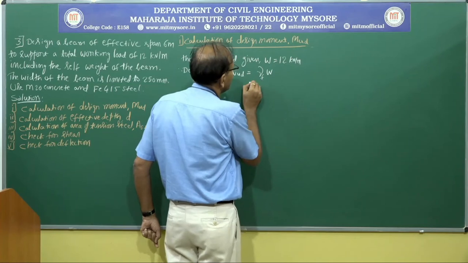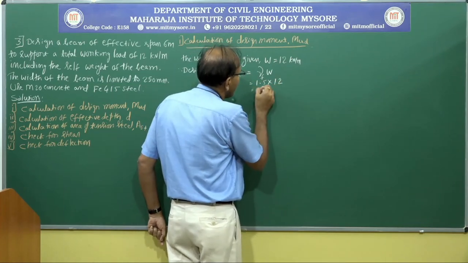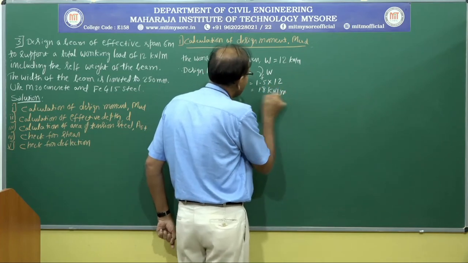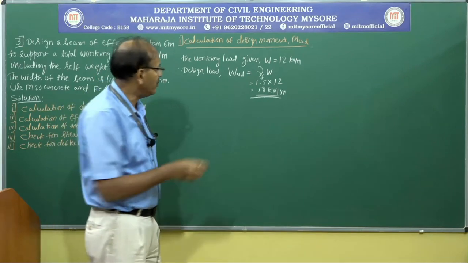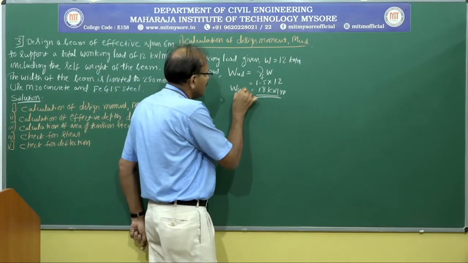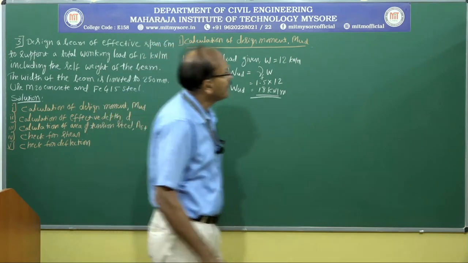Multiplied by W, that is equal to 1.5 multiplied by 12, that is equal to 18 kilonewton per meter. This is the design load or factored load or ultimate load, which I have called WUD.